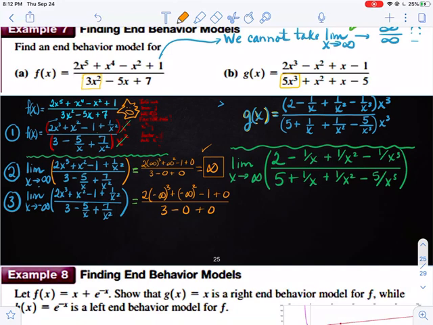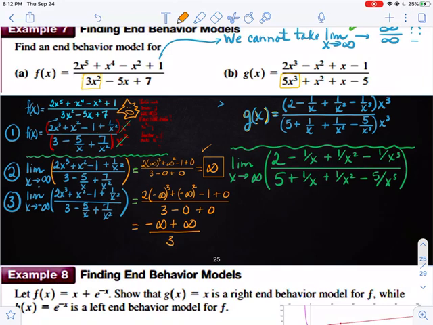For that second one, we end up getting 2 times negative infinity cubed, which is going to be a negative infinity, and then you're going to get plus an infinity, which is not 0. And in the bottom, you get that over 3 thing.